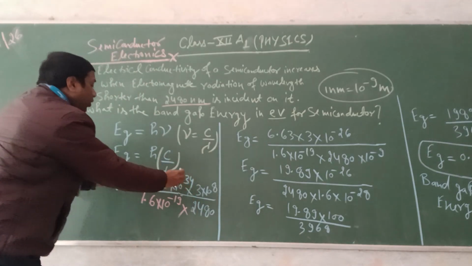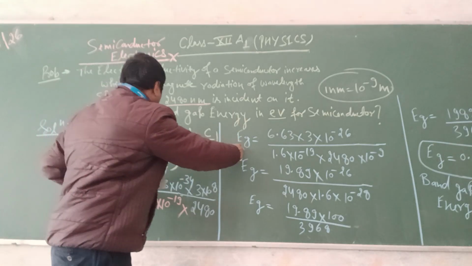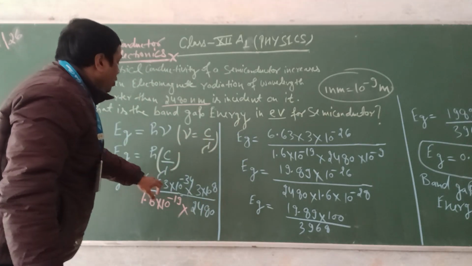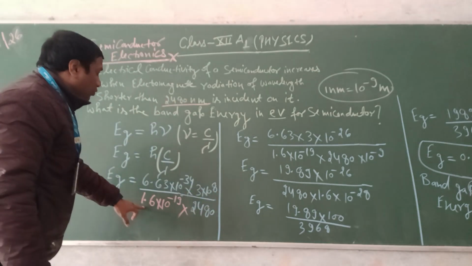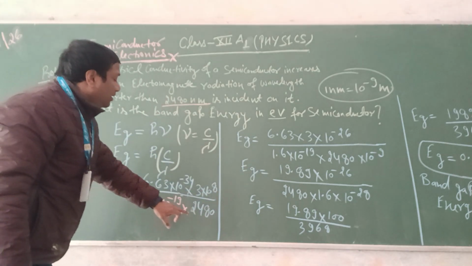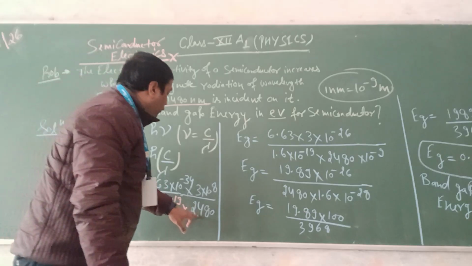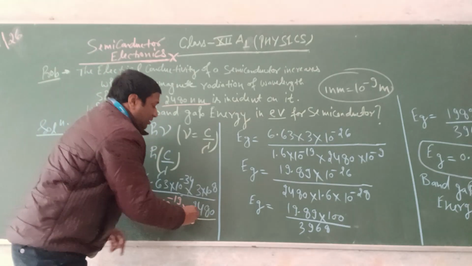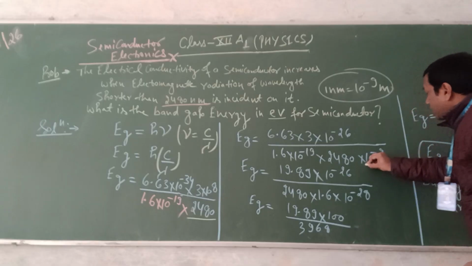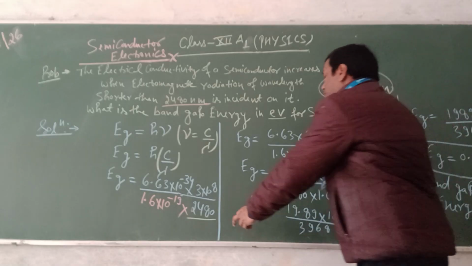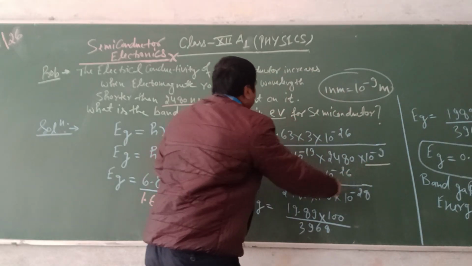Eg is equal to 6.63 into 10 to the power minus 34 into 3 into 10 to the power 8, divided by 1.6 into 10 to the power minus 19 into 2480. Now this 2480 nanometer is converted into meter, 2480 into 10 to the power minus 9 meter.